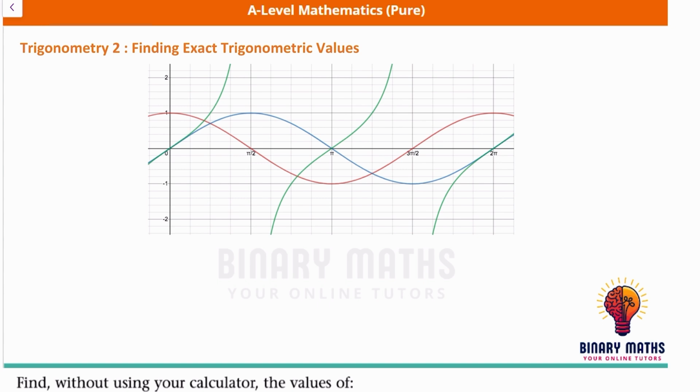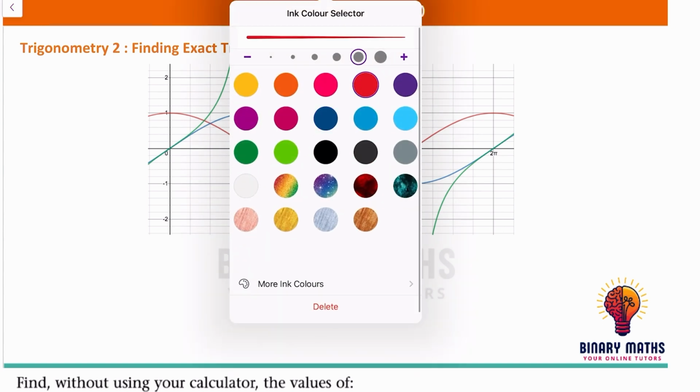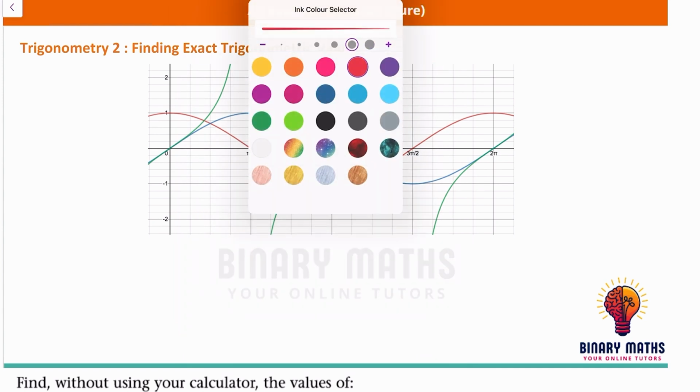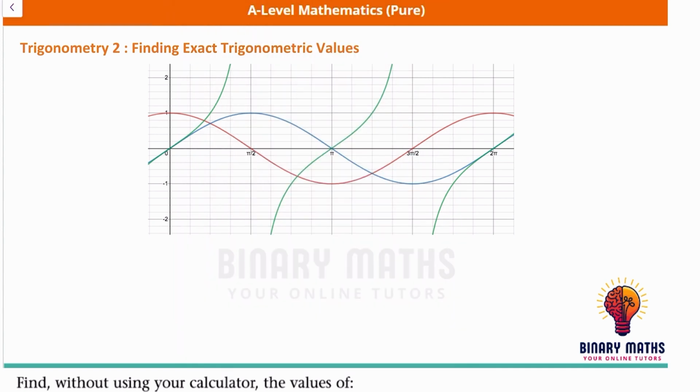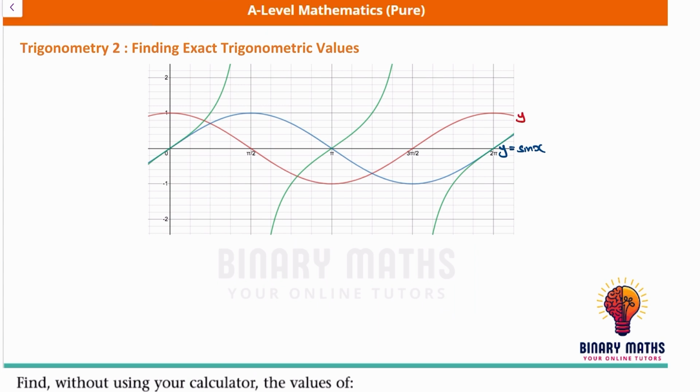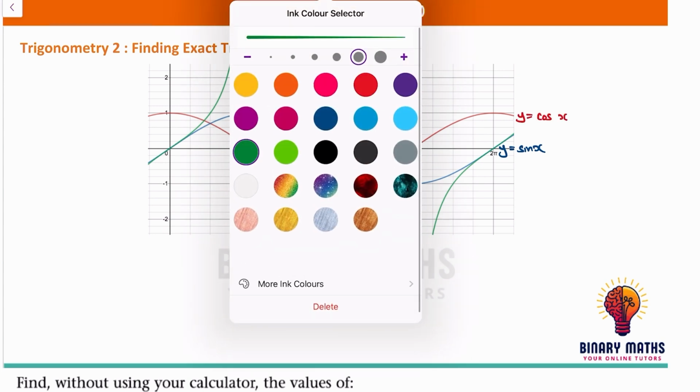Okay, so what you realize is when you draw all the graphs, y equals sin x is the blue one, y equals cos x is the red one, and y equals tan x is the green one.